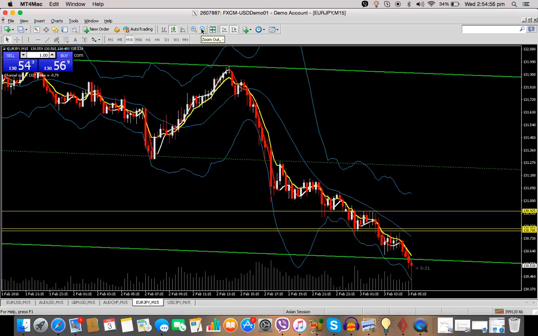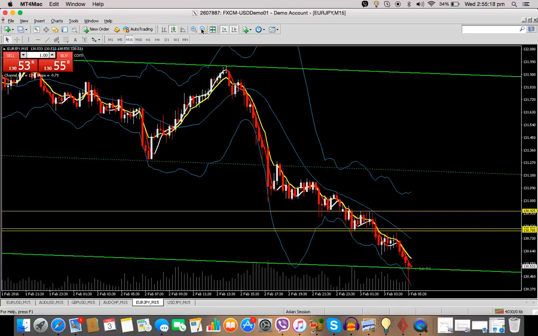And what you're looking for is where the market makers in the first few hours will possibly try and establish the session high, session low. And then once they have done that, what you're looking for is the market to most likely consolidate for a brief period.